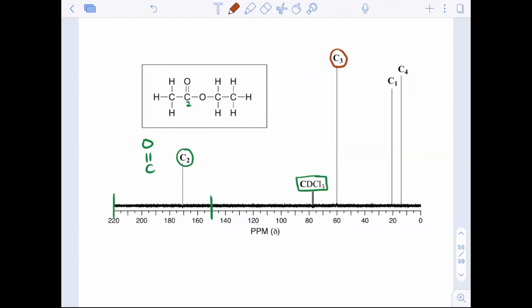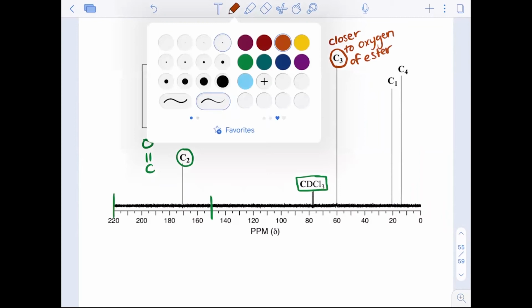So the carbon, the CH2 group, attached to the oxygen of the ester is closest to the most electronegative atom, oxygen. And so that is why we're going to label that CH2 group as number 3. So I'm just going to label closer to oxygen of ester for our reason why.